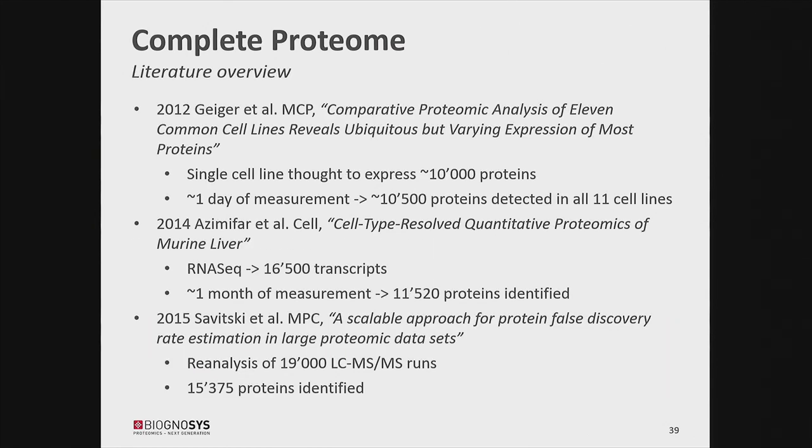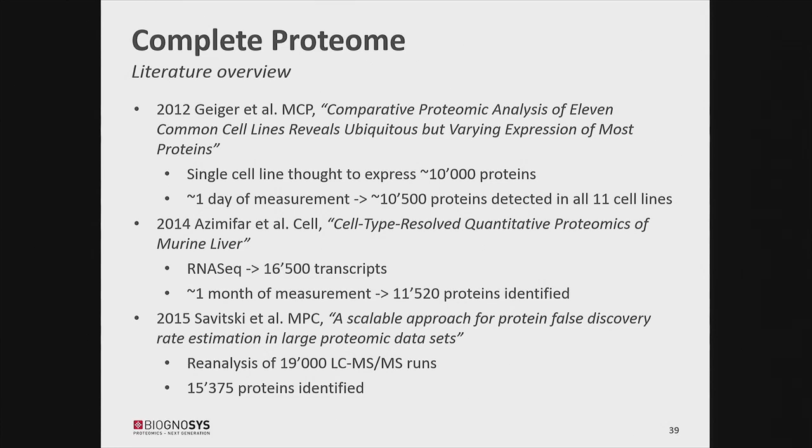Then complete protein coverage, a little bit of literature research I did here. 10,000 proteins in a single cell line in 2012, then almost 12,000 proteins in 2014, but this was liver, so different cell lines from liver. Then in 2015, this was a meta-analysis of 19,000 LC-MS runs, which also included data from these Nature publications.